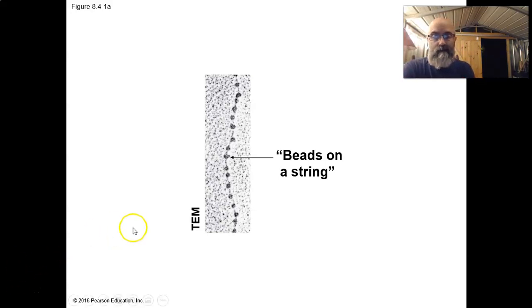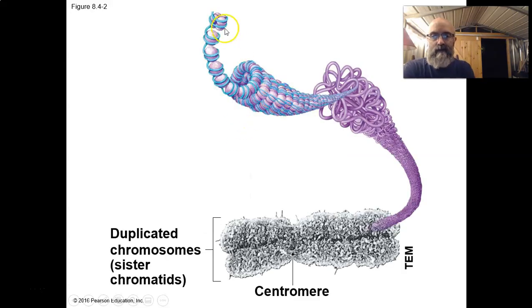Here's an electron microscope image. It shows the beads on a string. The beads are those histone cores with the string being the DNA wrapped around them. Okay, so that's here at the top.